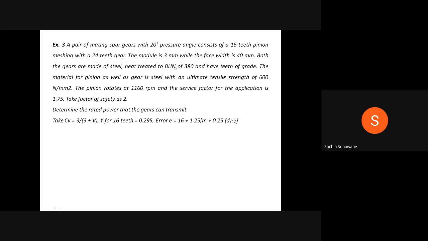The module is 3 mm while the face width is 40 mm.